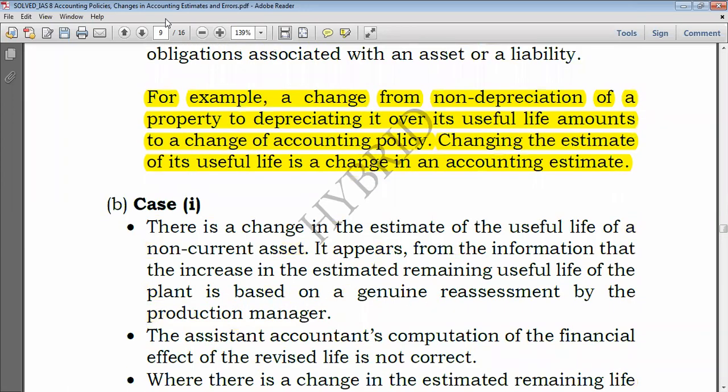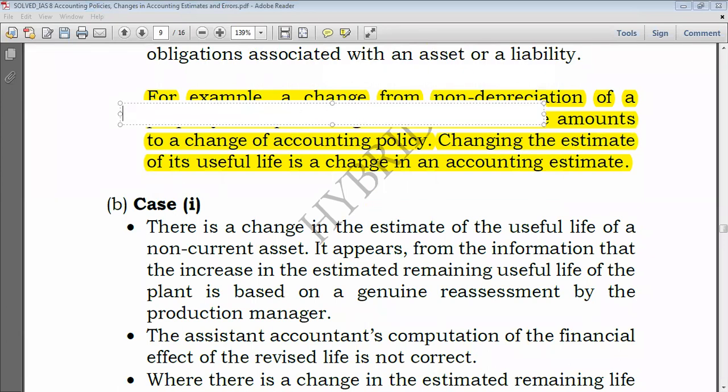Now listen, I have to do some calculations here. Let me show you. Before going further to read, I think we should write something. We are told that the asset had a cost of $20 million, useful life of 5 years, and residual value of 0.